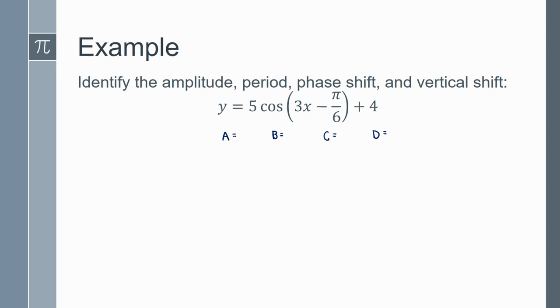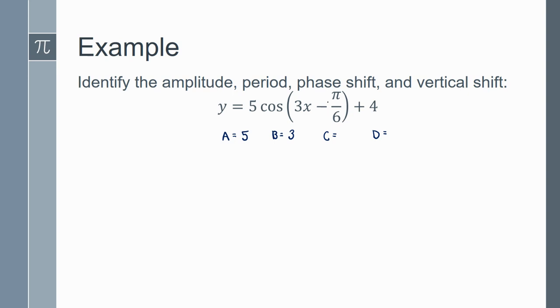Remember, a is always the number that's in front of our trig function. So 5 is that number in this problem. b is the number that's always connected to x, so that would be 3. Our c value is the number that comes after the x, but remember, I want to take the opposite sign.